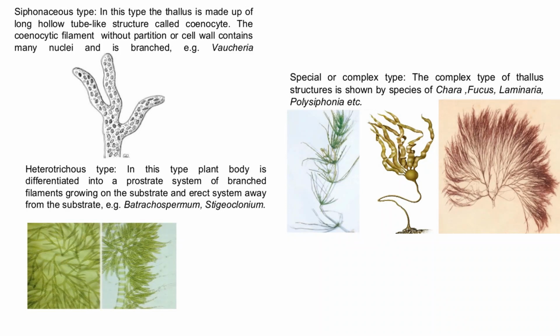The second figure is Fucus, which is different again, like a flower, with its branches growing up and going randomly here and there. And the third one is Laminaria. In this way they have special or complex forms of structure, so they are just known as the special or complex type.